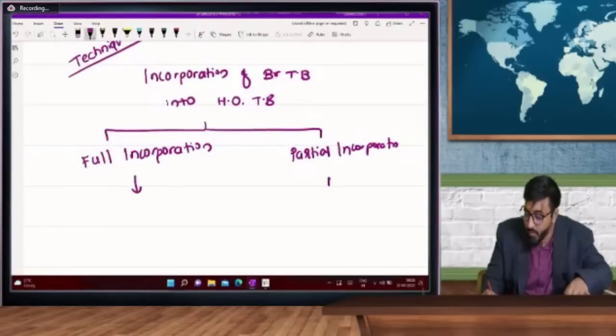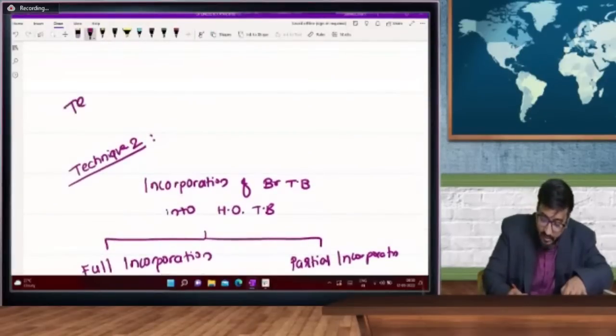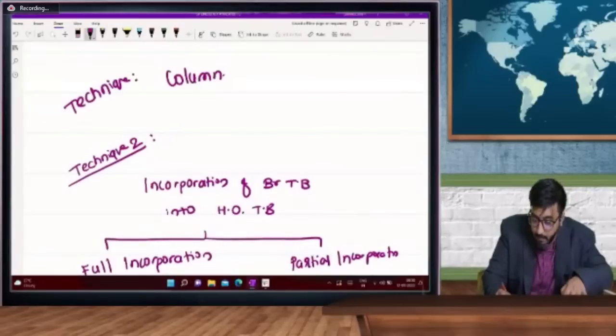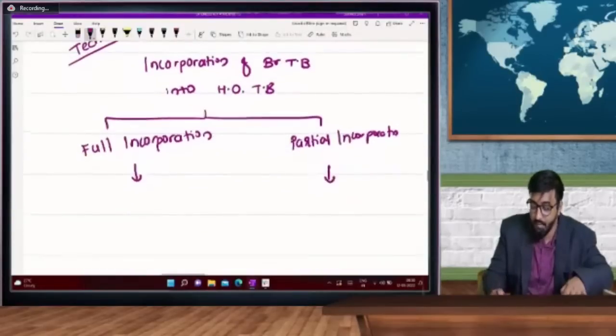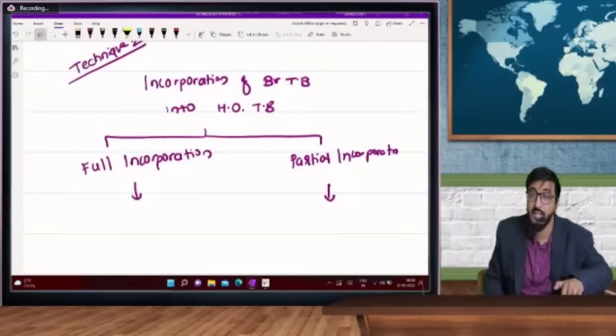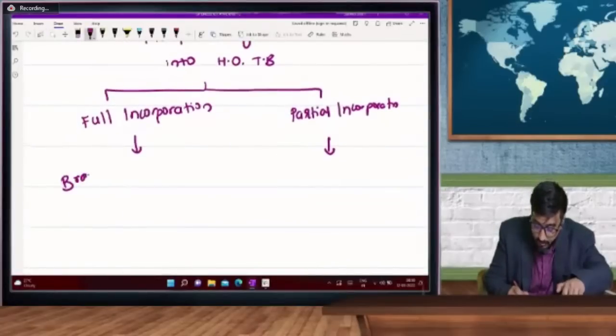Full incorporation and partial incorporation. Have you written this technique number 2? Technique number 1, what is technique number 1? Columnar P&L and balance sheet, and then merge it. Here, you will transfer all assets and liabilities. So what is the entry in branch books?